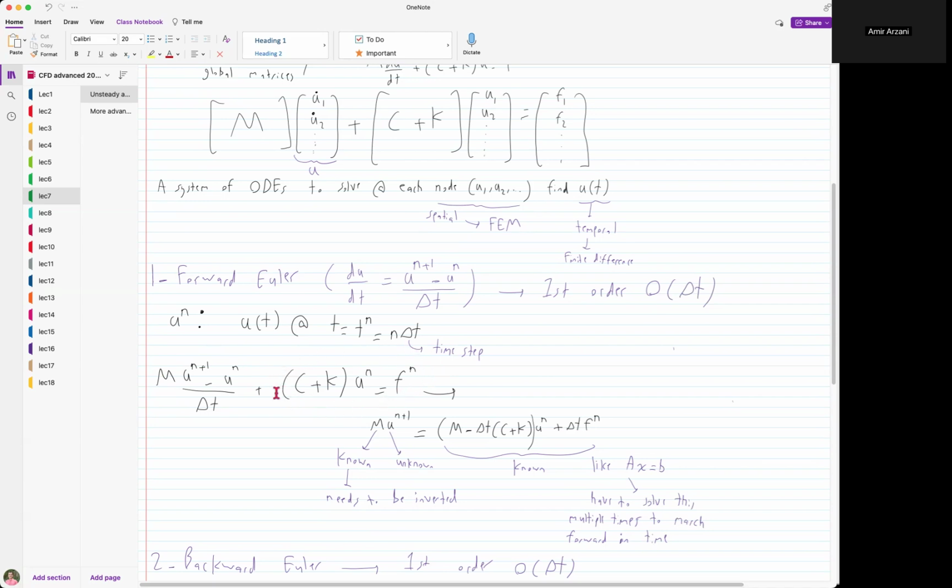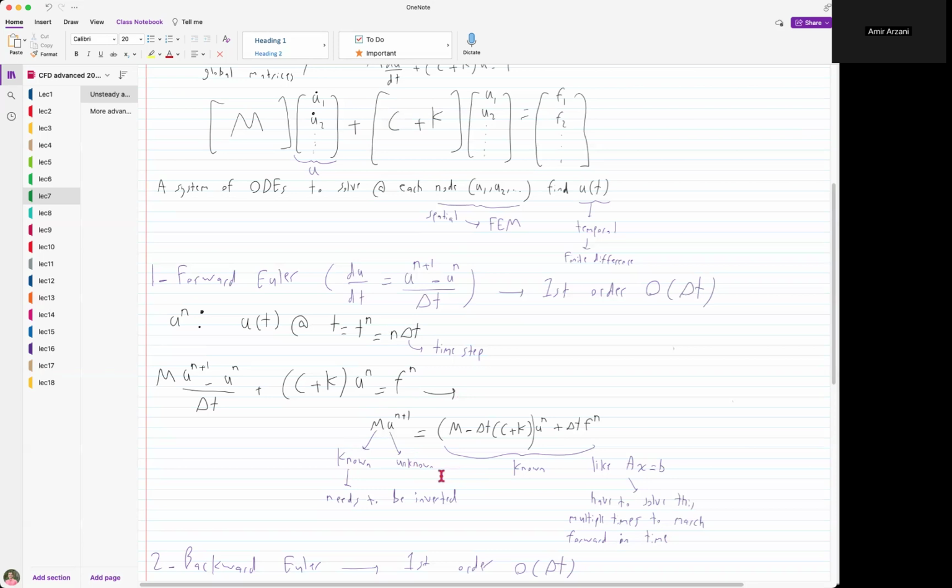When you're dealing with complex, high Peclet number transport problems, it's difficult to invert this matrix C plus K. So it will be a difficult task to directly solve this. But when you treat the problem as an unsteady problem, and then you just march forward in time until you reach the steady solution, which is what you want, it's much easier to solve this system of equations. Even though you have to do more linear solves, the advantage is that you're less likely to run into stabilization problems or issues with your linear system of equation solving.